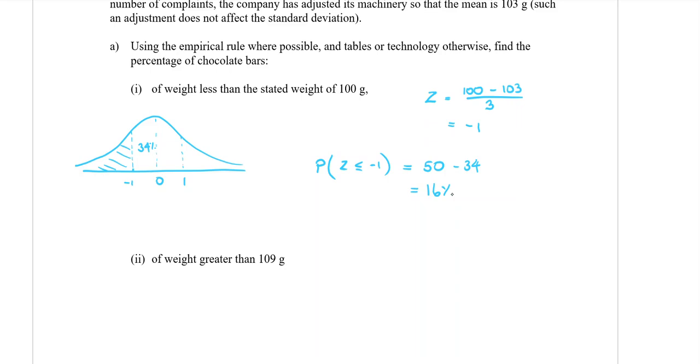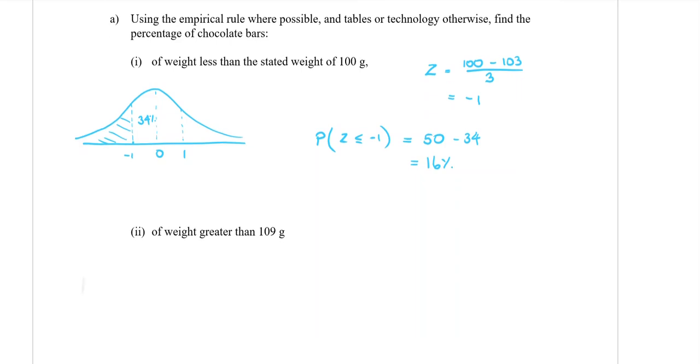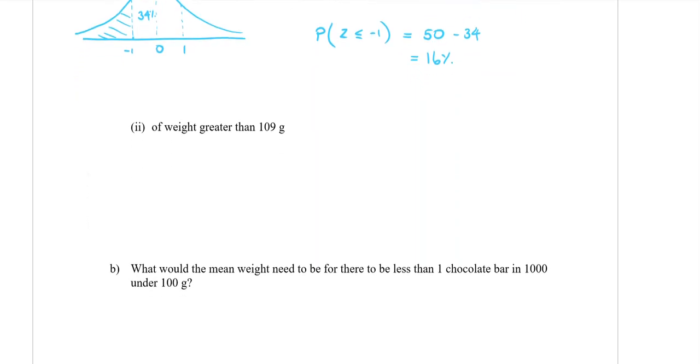Now we want the percentage of chocolate bars that have a weight greater than 109. So let's do the same kind of working out. Let's start by figuring out what is that as a Z-score. Using my Z-score formula, I do 109 minus 103 over the standard deviation, which is 3, which means the Z-score is 2.